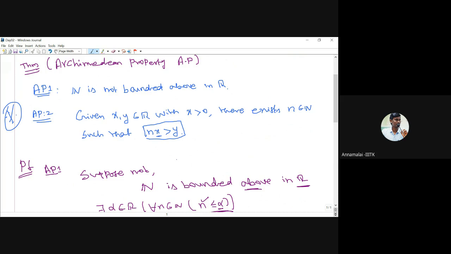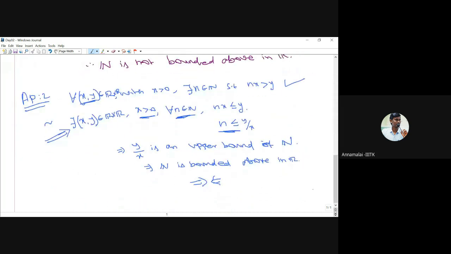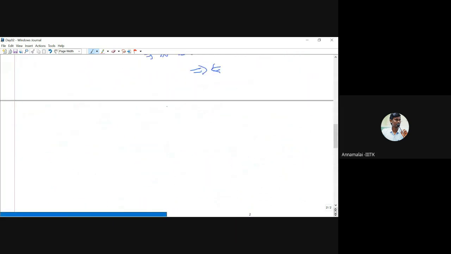This Archimedean property is very important. Either natural number is not bounded above, or given any two real numbers with one positive, we can always find a natural number n such that nx is greater than y. So we can simply say, given any single real number, that is a special case.